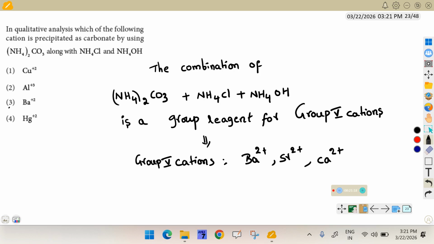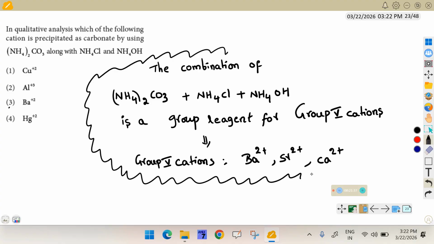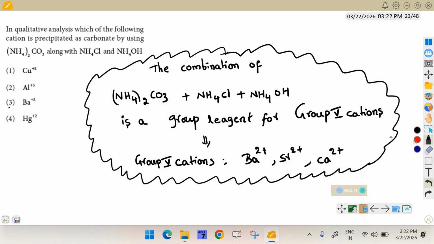In qualitative analysis, which of the following cations is precipitated as carbonate by using ammonium carbonate along with NH4Cl and NH4OH? Yes. Ammonium carbonate with NH4Cl and NH4OH is the group reagent for group 5 cations.